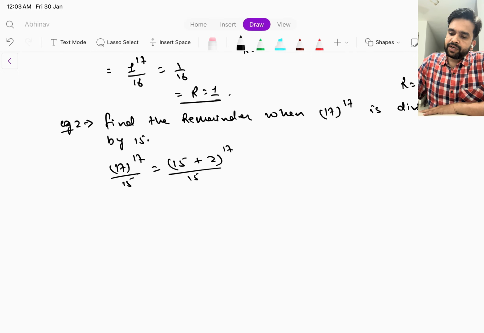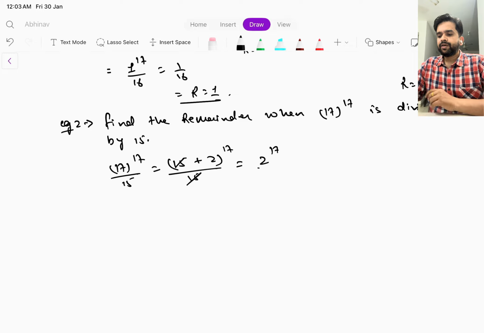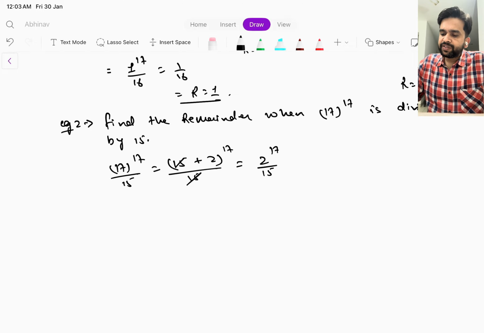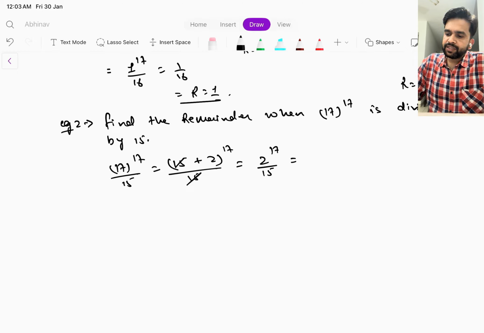So now I'll cancel 15 with 15, and I'll obtain 2 raised to power 17 divided by 15. Now I'll have to think of such a number which goes as near as possible to 15. So 2 raised to power 17 can be bifurcated as 2 raised to power 16 into 2 raised to power 1 divided by 15.